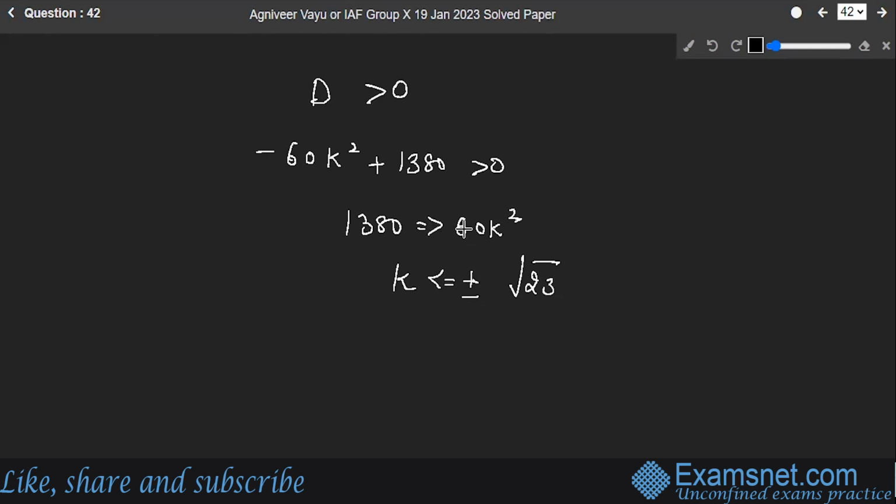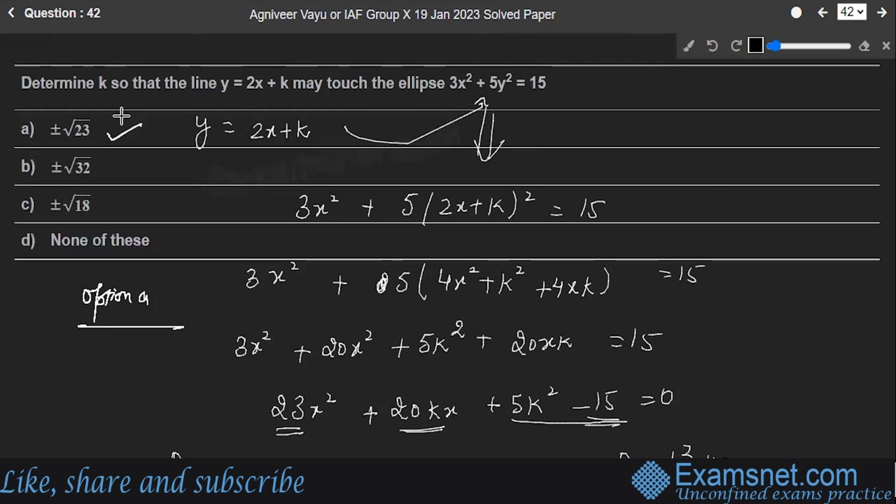When the discriminant is equal to 0, the roots are real and equal. When the discriminant is greater than 0, they are real and unequal. So the correct answer to the question is option A.